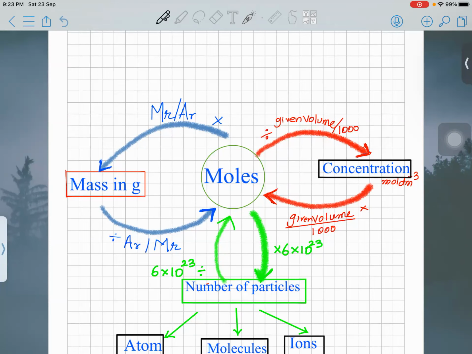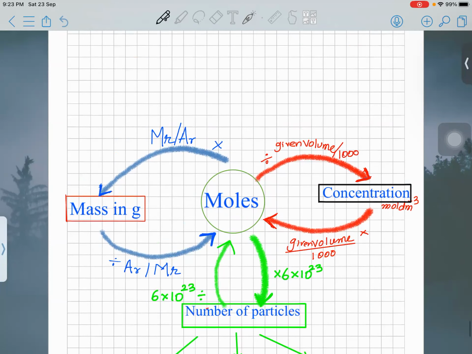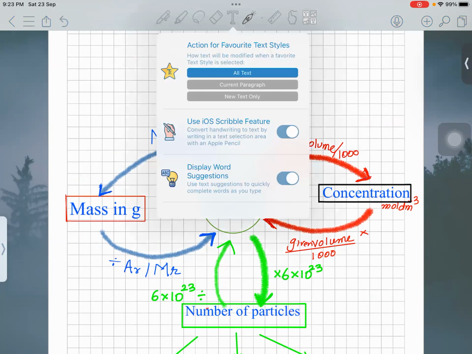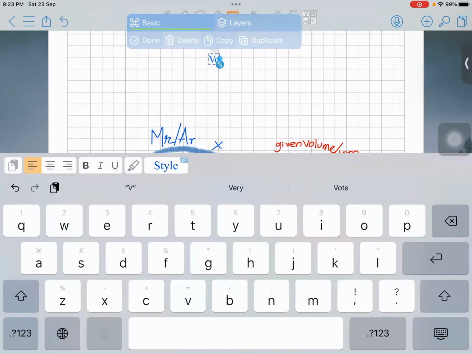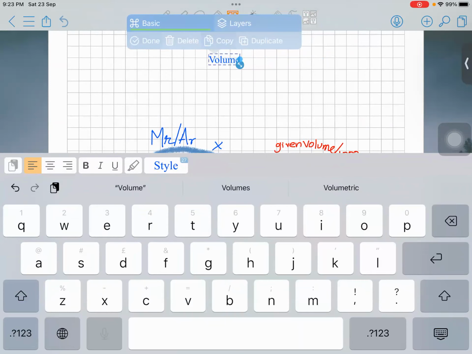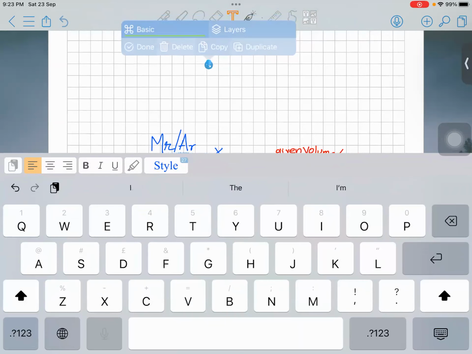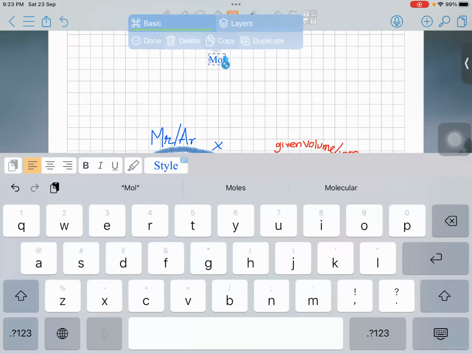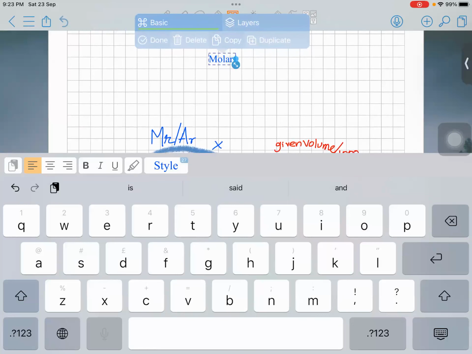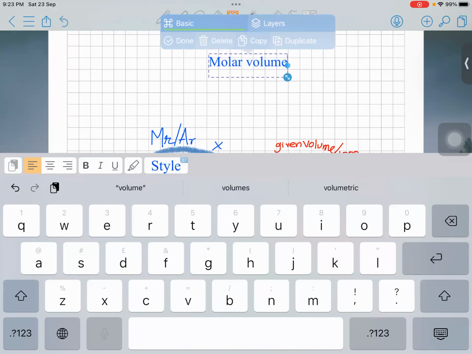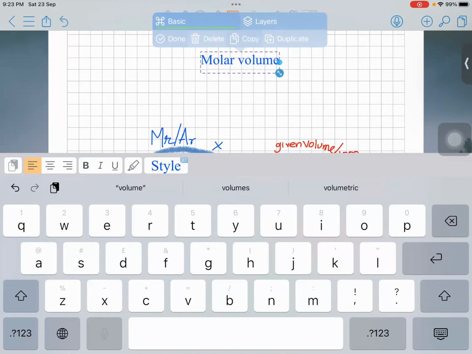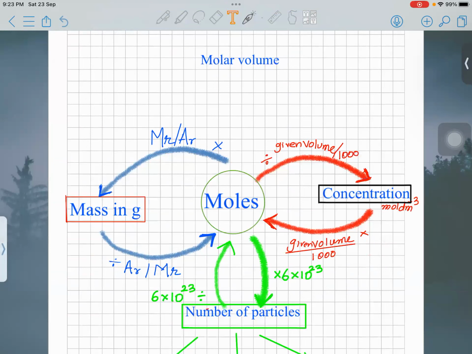You can also use moles to find the volume. This volume is called molar volume.